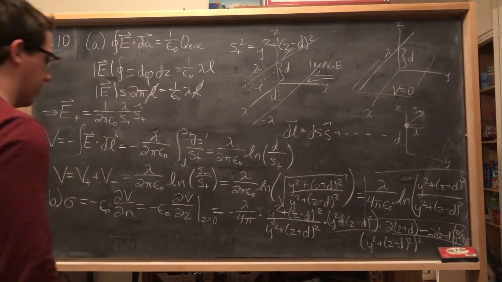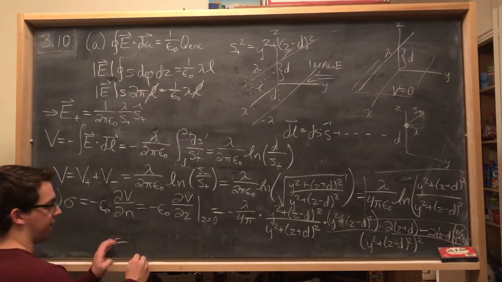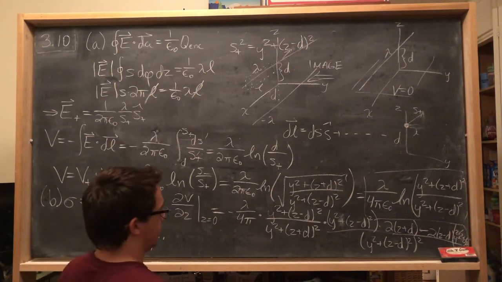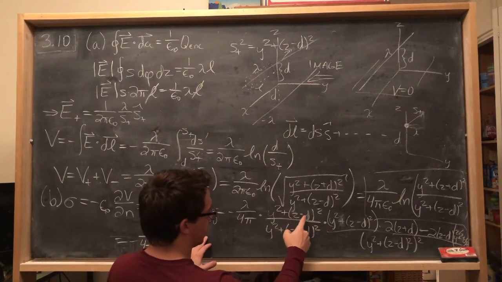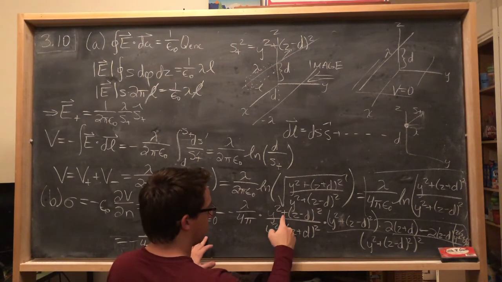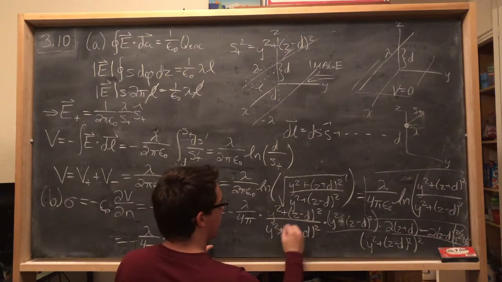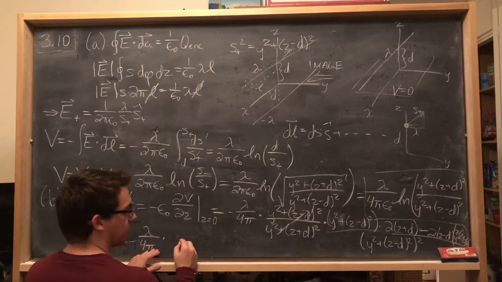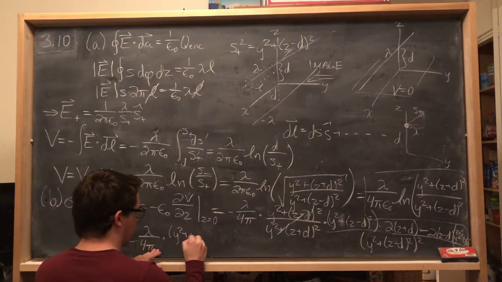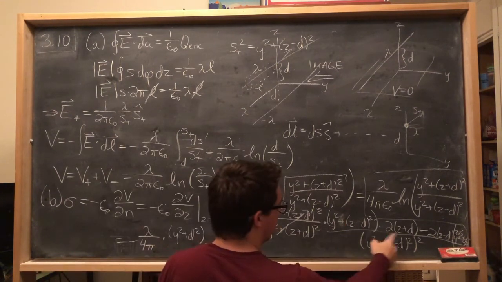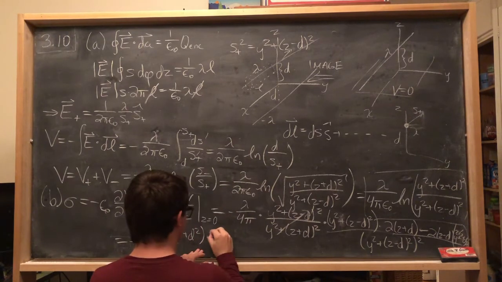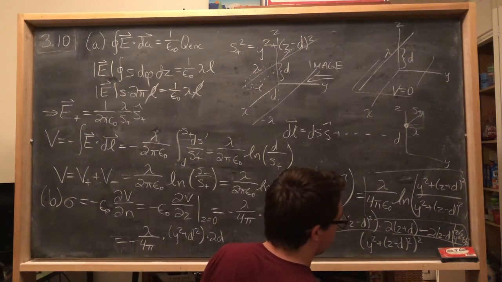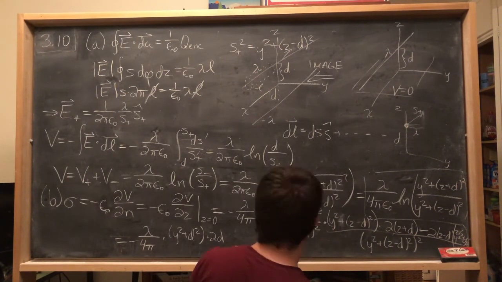And now what we can do is plug in z equals 0, negative lambda over 4 pi. So we plug in 0 here, we plug in 0 here. Both of these are going to end up being y squared plus d squared, so that just becomes 1. Then y squared plus d squared here times 2d, and then plus 2d times y squared plus d squared again.